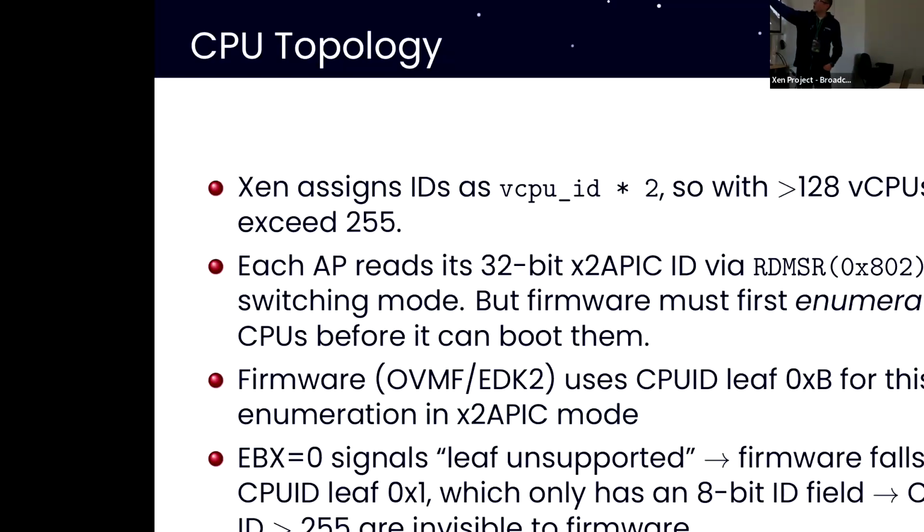You see here, it needs to call the CPUID instruction with 0xb in order to get the full IDs again. But currently, in Xen, the CPUID code returns EBX 0, which basically signals this leaf is unsupported, and you should fall back to leaf 1, which again only has 8-bit IDs.